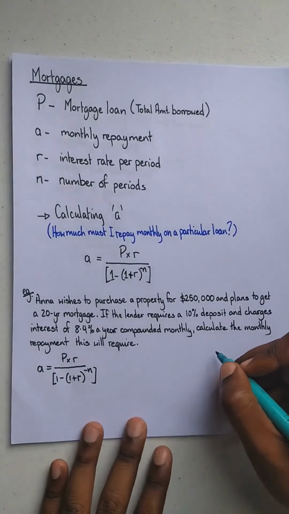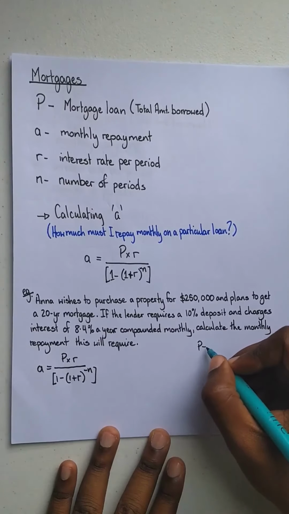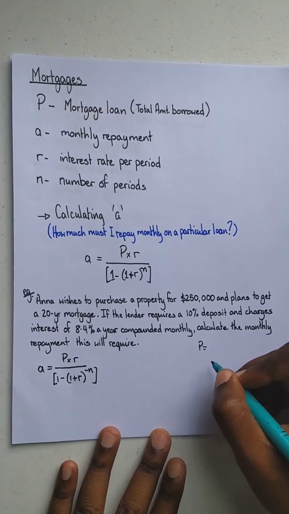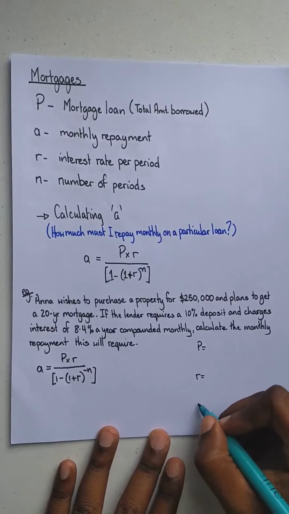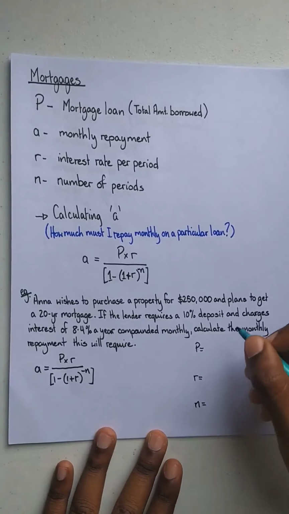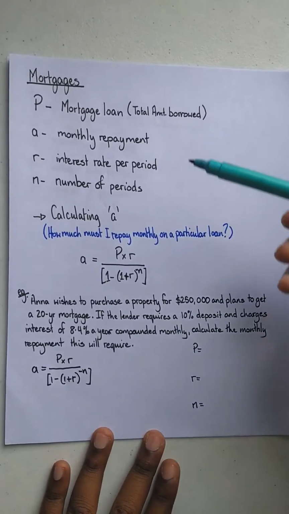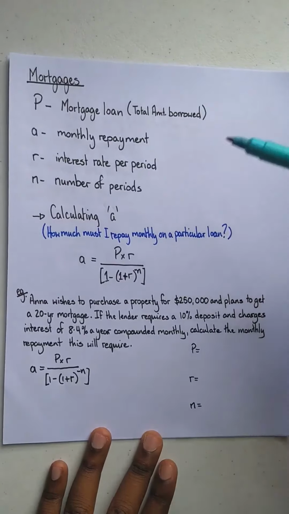It's always best to establish the figures that we do know, or that we will need to solve this question. We need to know what is P, we need to know R, we need to know N. P is the amount borrowed, or the mortgage loan.